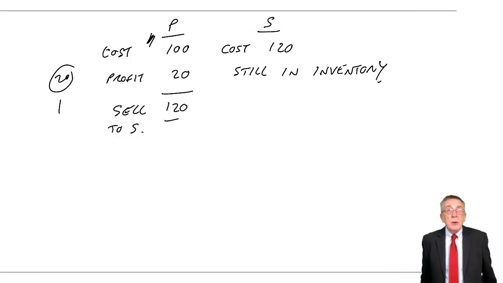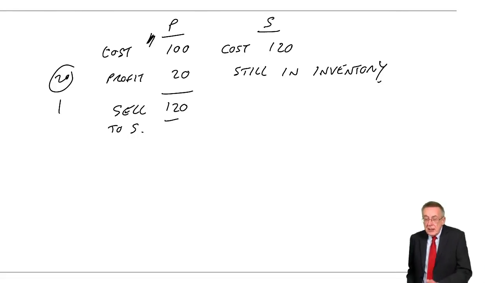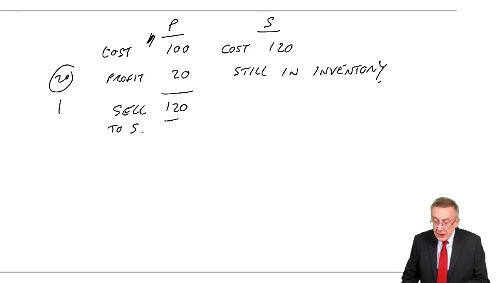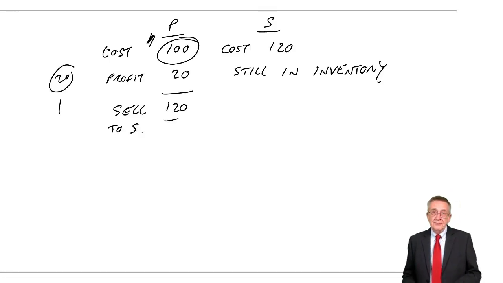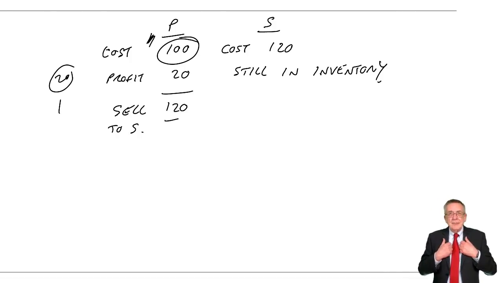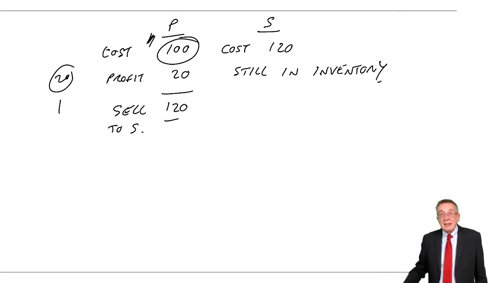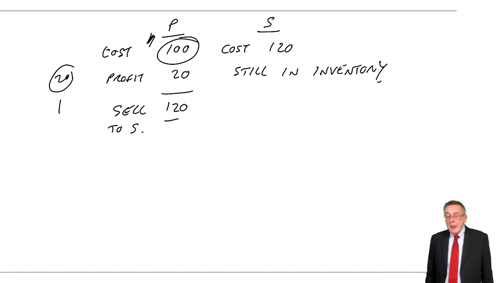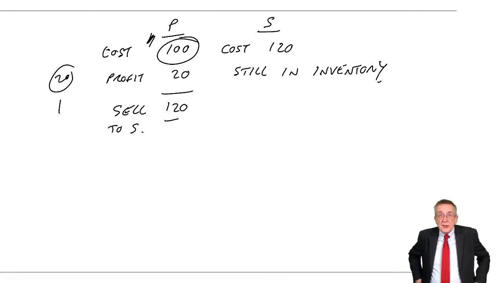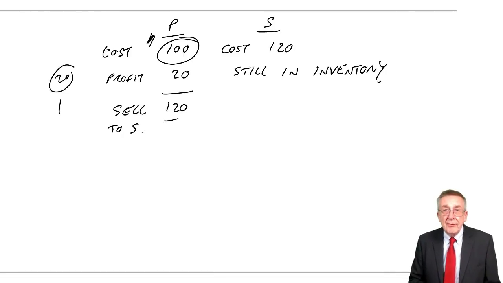Because any inventory we should be showing at cost to the group. And although S paid 120 for them, they only actually cost the group 100. The 120 includes P's profit. But if these goods haven't been sold yet to outside, then we should value at cost to the group. We need to take out that 20 profit.